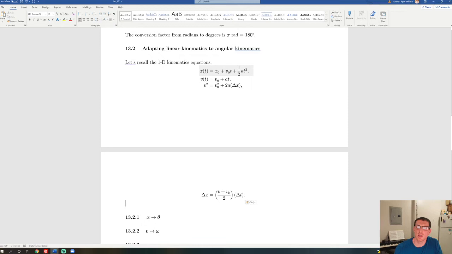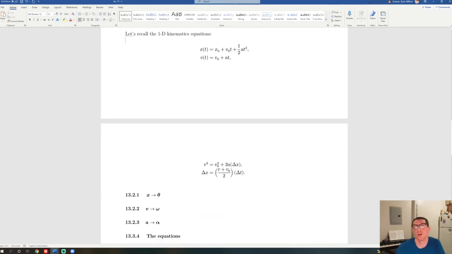In the form that I gave them to you, they look like this, right? You have the x position as a function of time, and we're talking about one dimension here, right? The velocity as a function of time. I didn't write subscripts on the v's and a's just to save a little bit of time, but obviously this is all referring to something that's happening in the x direction.